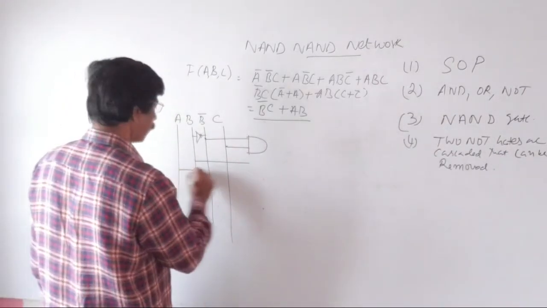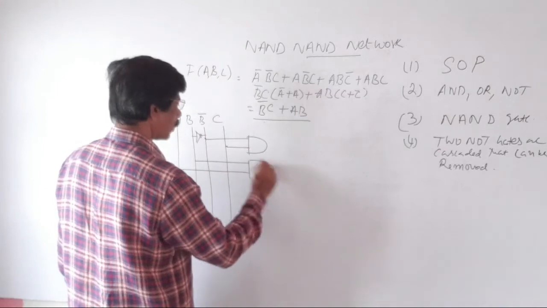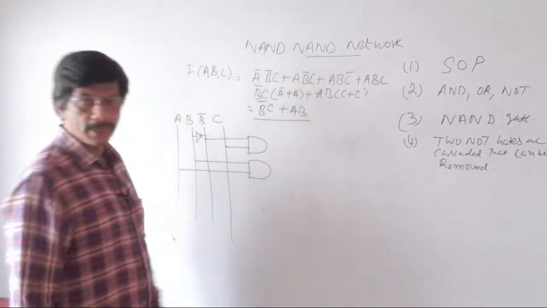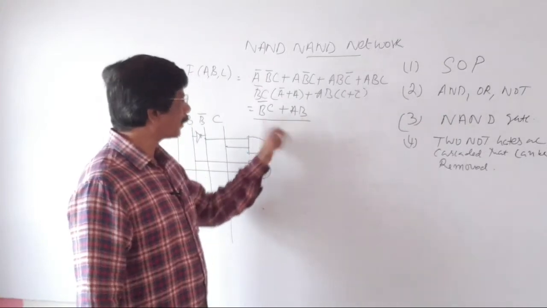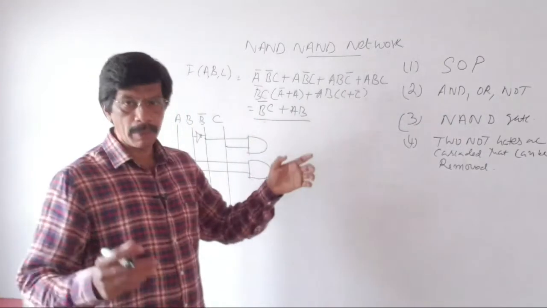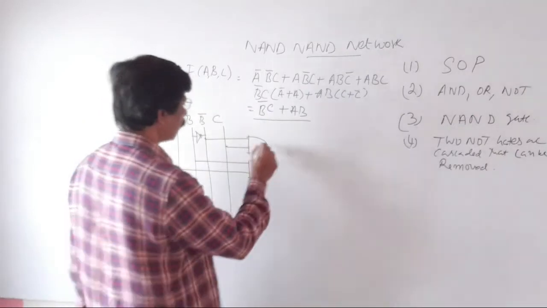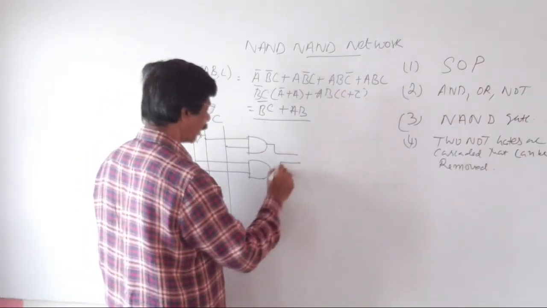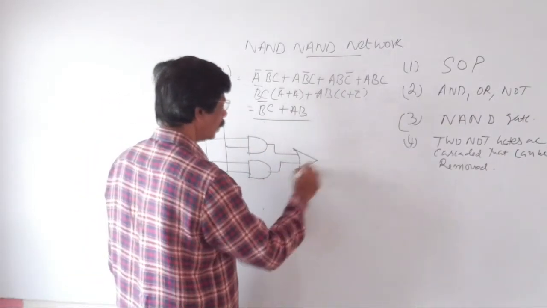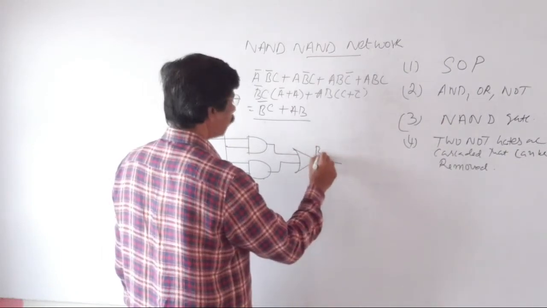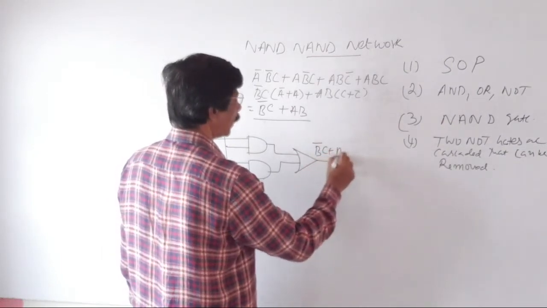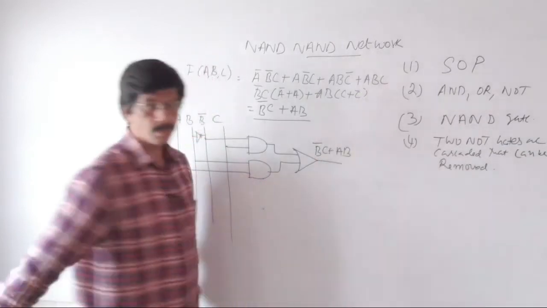Draw one AND gate. This is the sum of product equation. Both products will be summed up with the help of one OR gate. The output equation is B bar C plus A into B.